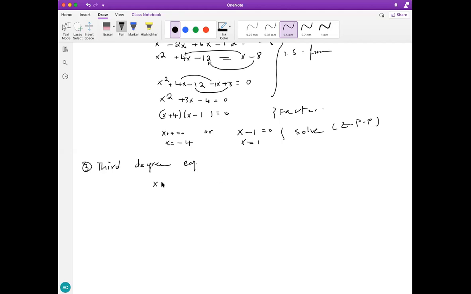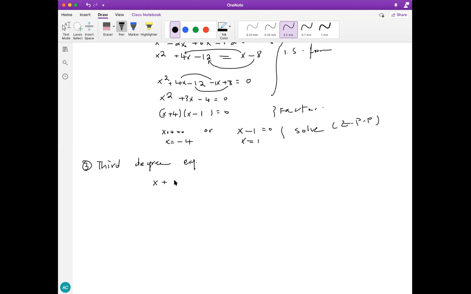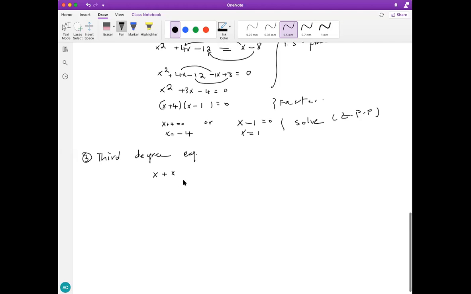Anyway, so third degree equations, let's take another example here. Let's say x cubed plus x squared minus 5x equals 0. Let's put some powers here. All right, so this is a little bit different.